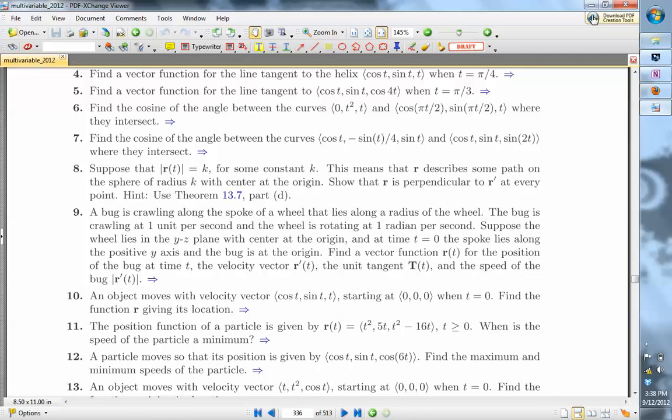Are there any places where sine of t is equal to sine of 2t? T equals 0. Any other places? Pi? 2 pi. In general? Any integer multiple of pi. Okay, so the first coordinate is always equal. The third coordinate is only equal at integer multiples of pi.